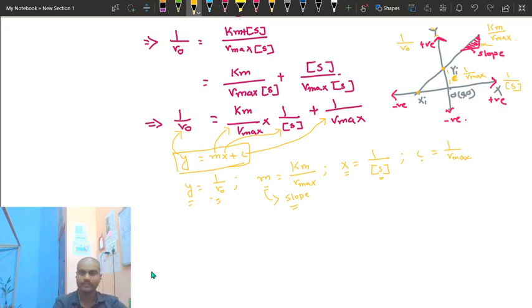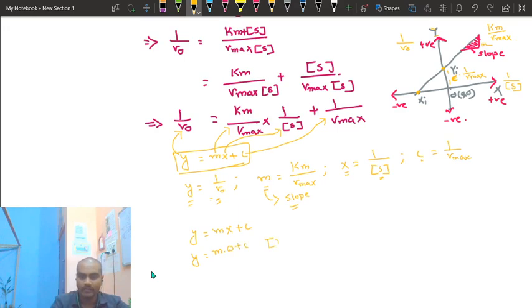To find out the value of any intercept, you just have to remember that if you have to find out the y-axis intercept, at that time you have to remember that the value of m will be 0, right? So you will have to find out the value of y, that means m into 0 plus c.